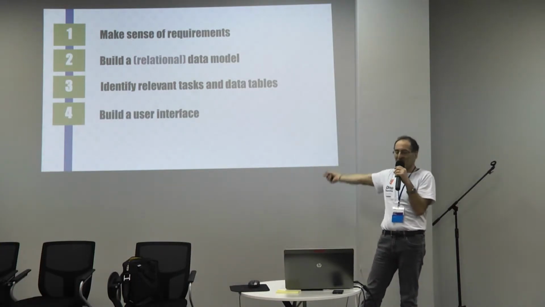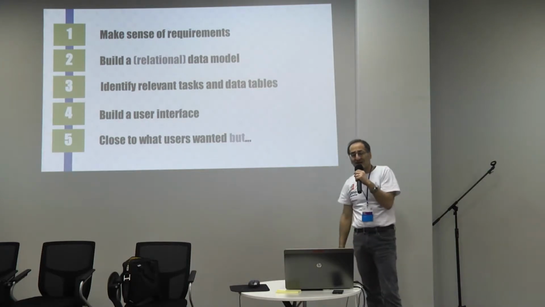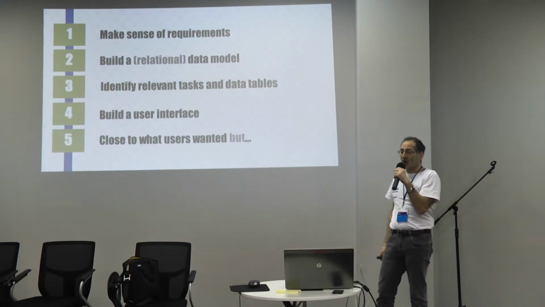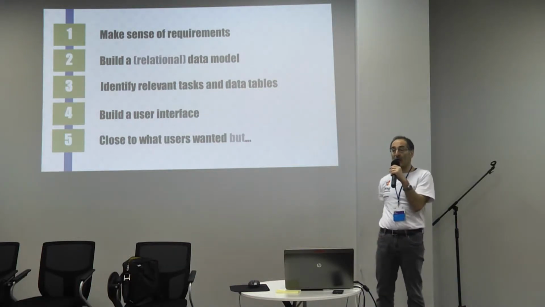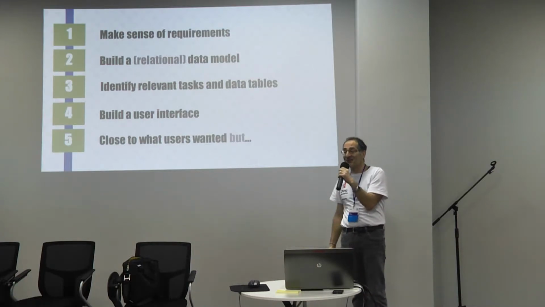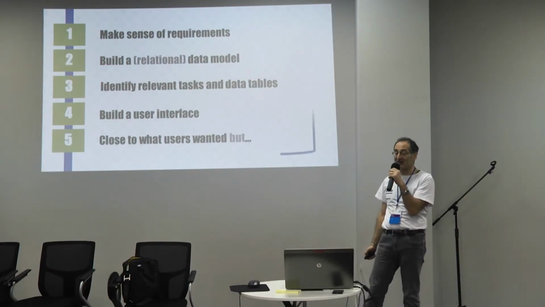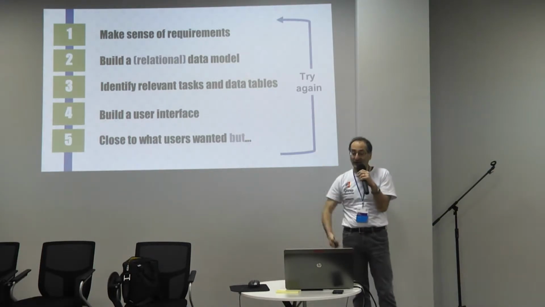We then finally build a user interface which is more or less close to what users wanted. And when we deliver the software, finally, proud of our efforts, we find out that users say, well, this is close to what we wanted, but it's not exactly what we meant, and then you try again over and over again.